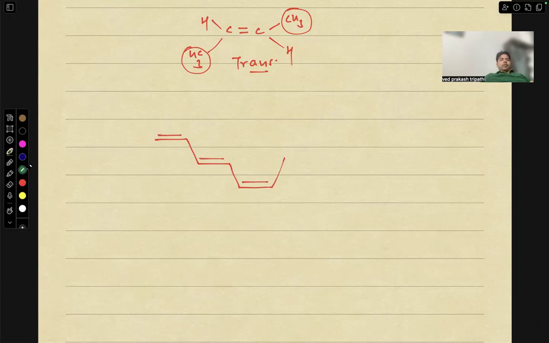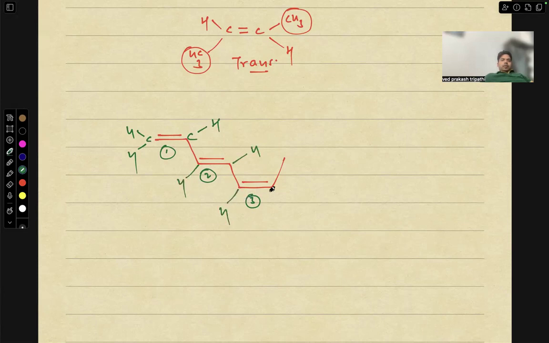Here we have 3 double bond and assign which one is cis, which one is trans. 1, 2, 3. So first we can balance with the H. Here we have 2H. Here 1. This carbon have 1H. Here 1. And here 1H. Here 1.